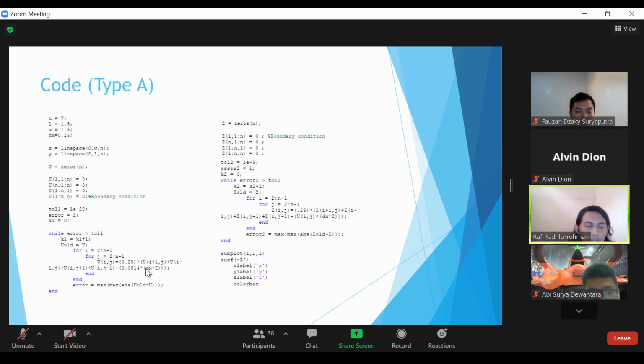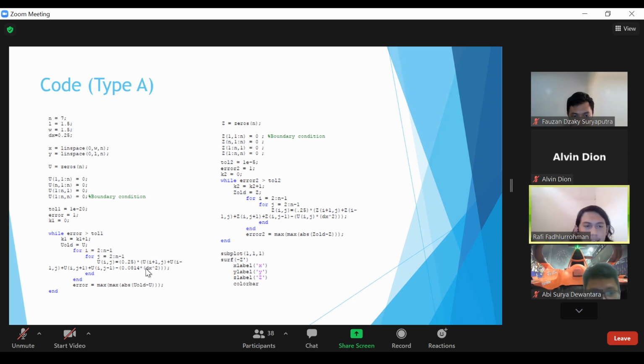And after we define each dimension, we define the x and y, which is the linspace, meaning the points between the plate.